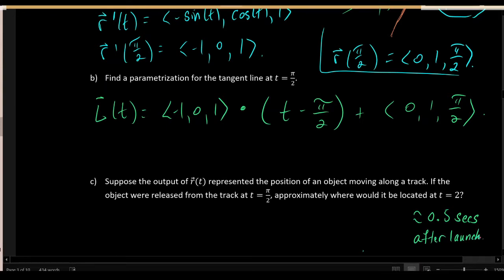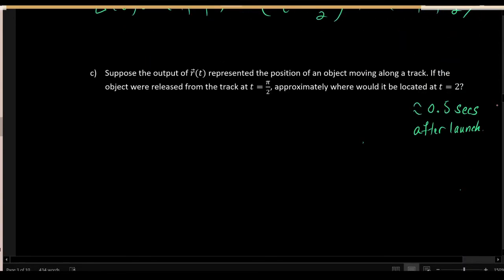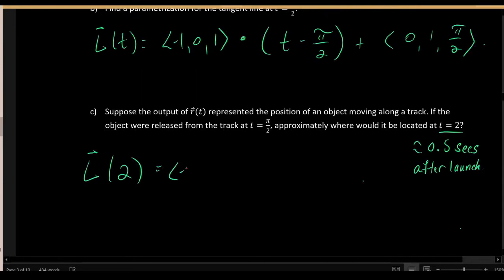If we want to find out where the object is at approximately t equals 2 seconds, half a second after launch, then we can take that time of 2 units and plug it into the formula that we found for the parameterized line. Negative 1, 0, 1, 2 take away pi over 2, plus 0, 1, pi over 2.